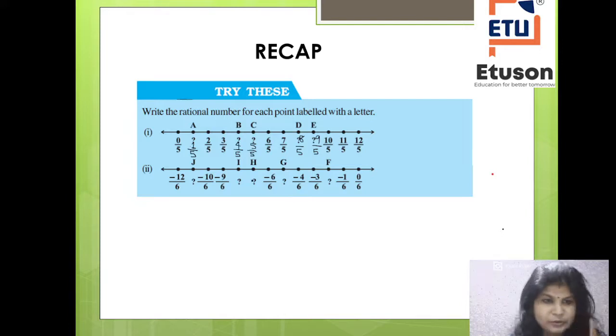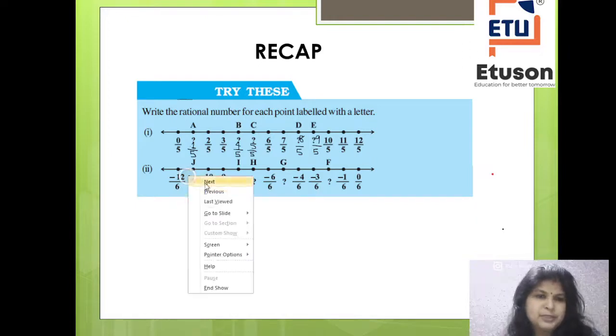In the second part, it is similar, where the denominator is 6 and you have a negative integer. So what if it is negative? The procedure remains unchanged. Here it starts with minus 12.